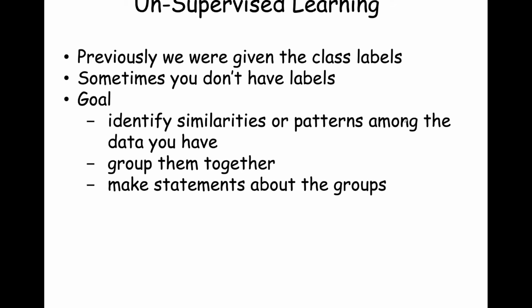So the goal then, if you don't have labels, so-called unsupervised learning, is to identify similarities or patterns among the data points that you have. And so if you can identify similarities, you can certainly group them together and then go in after the fact and analyze and make statements about the groupings.